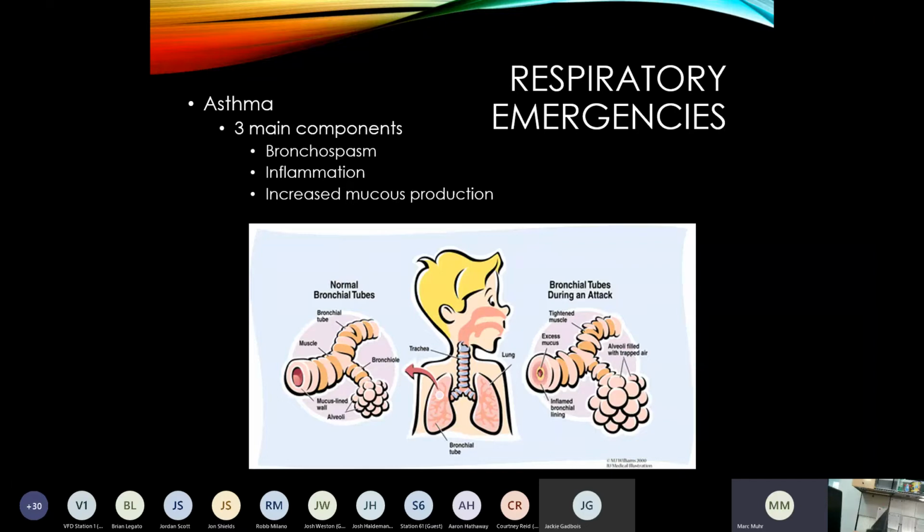During asthma, you can have increased mucus production, increased inflammation of the bronchi, and then hypertonicity of airway musculature creates air trapping, essentially. The whole goal of treatment at that particular point is reducing inflammation, increasing airway diameter, and oxygenation.